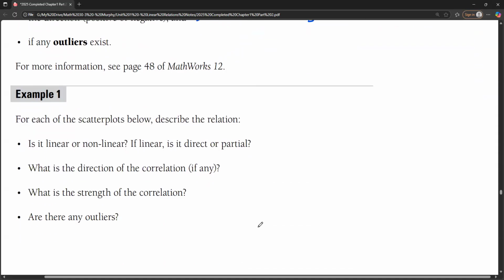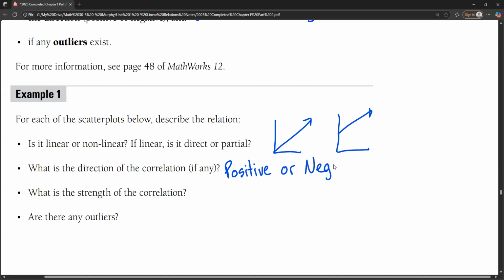So, example one. For each of the scatter plots below, describe the relation. We're going to determine, is it linear or nonlinear? And if it's linear, is it direct, meaning does it start at 0 and 0, or is it partial? What is the direction of the correlation, either positive or negative?